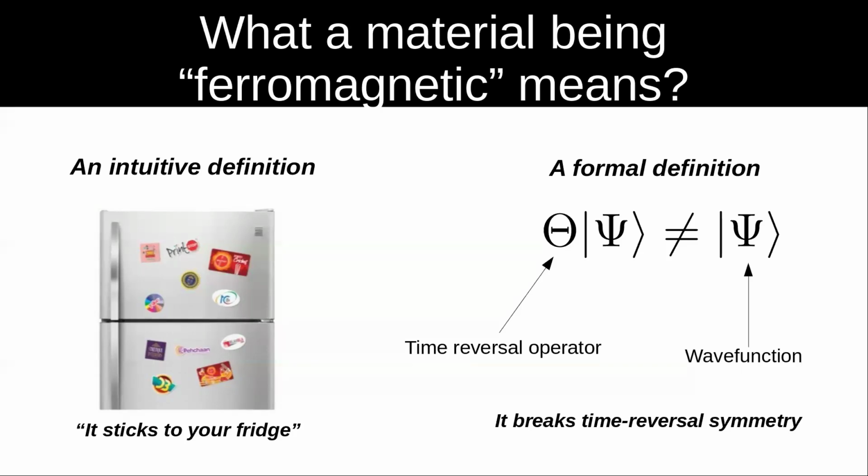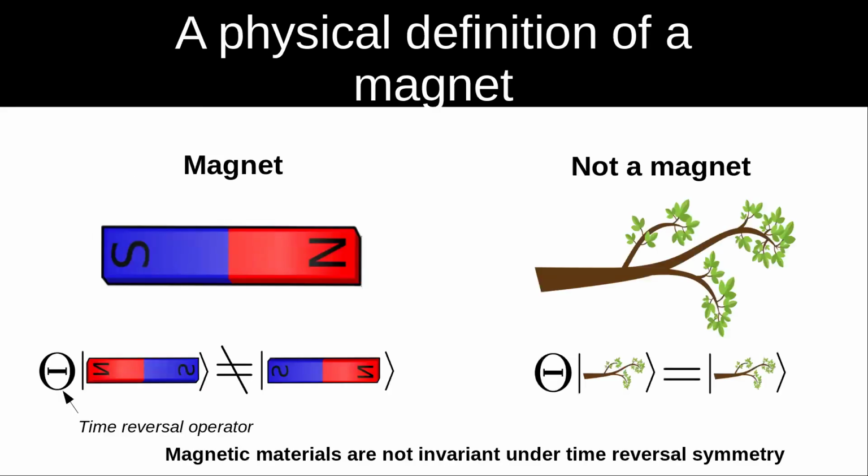But if we want a more mathematical definition, we define them as objects that break time reversal symmetry, meaning that we have the many-body wave function of a material, and when we apply the time reversal symmetry operator, the wave function that we recover is different. And if this happens, then we say that we have a material that breaks time reversal symmetry.